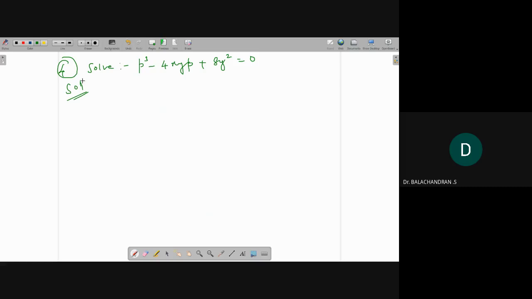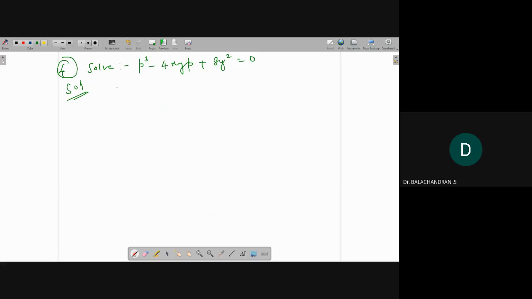So now you should choose. I think solving for p here is difficult since we have p cube. Here we have y, here y square, but we have just x only. So it is better to solve this problem for x.